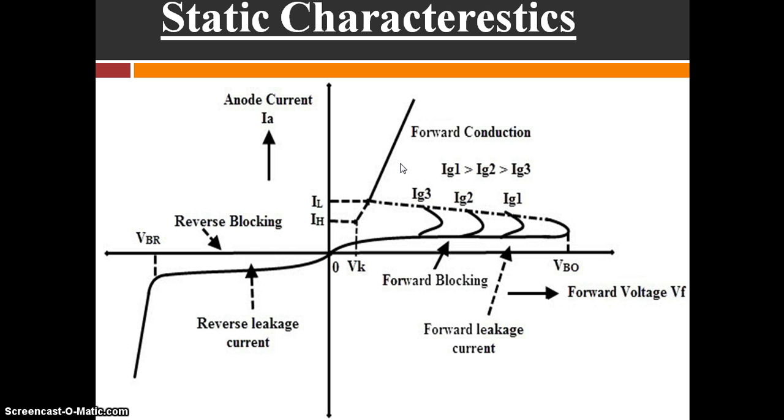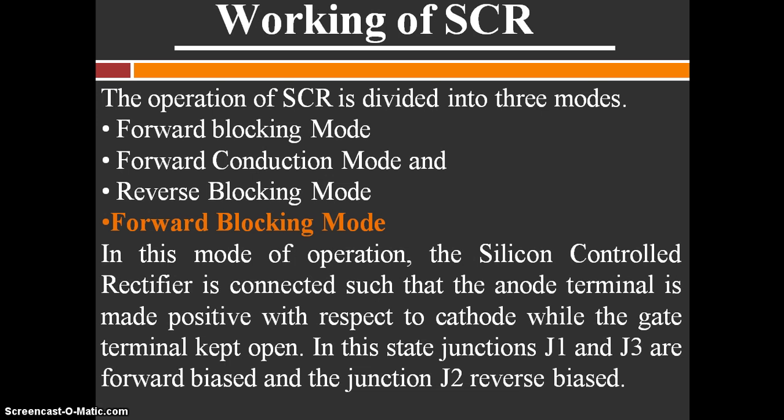Then latching current: the minimum anode current flowing through the SCR to latch it into the on state is called latching current. Latching current is higher than holding current. Latching current is very important to start the SCR in the conduction state. This is the simple operation of the waveform characteristics and static characteristics.